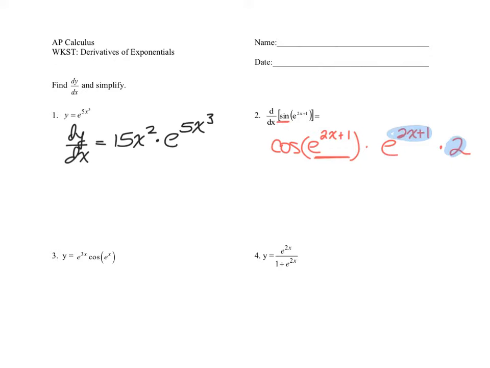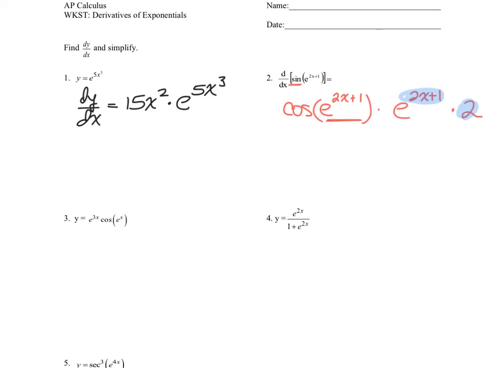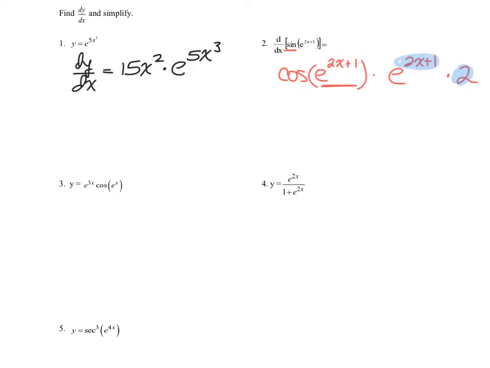All right. Number 3, we're looking at, and that concept repeats itself over and over again, so we'll see it again in action right away. We're looking at the product of two functions, so a product rule situation. So dy dx, first function, e to the 3x, times the derivative of the second function.